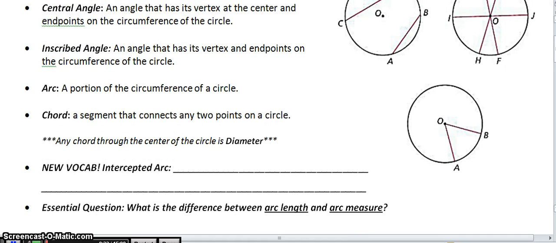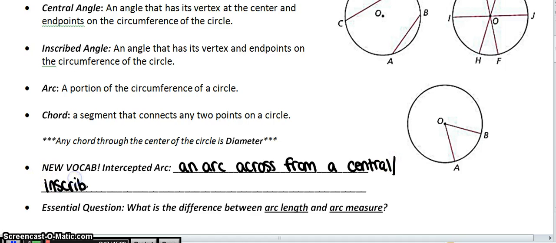So an intercepted arc, and I'm going to give you just my definition, not necessarily the Webster definition, is an arc across from a central or inscribed angle in a circle.